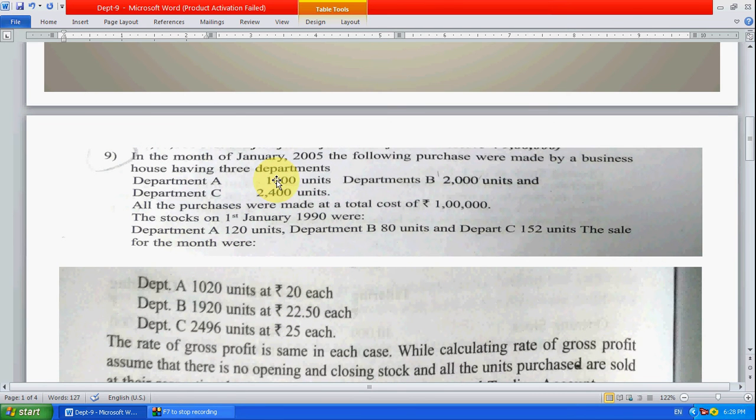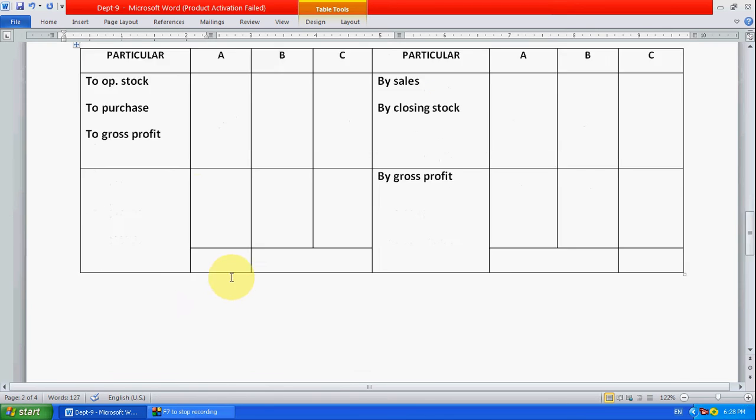So first we have to calculate this. For the purpose of gross profit, we have to take the purchase units: A 1000, B 2000, C 2400.